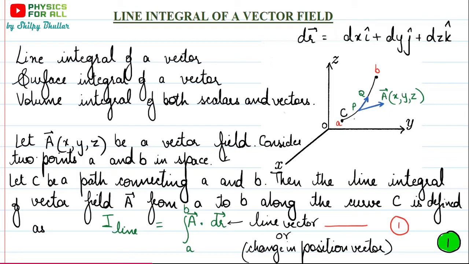But in reality there can be an infinite number of paths possible between these two points. See, we can draw the path like this also, we can draw the path like this also, we can draw the path like this. So we can draw any number of paths between these two points and we can find line integral of all these paths.